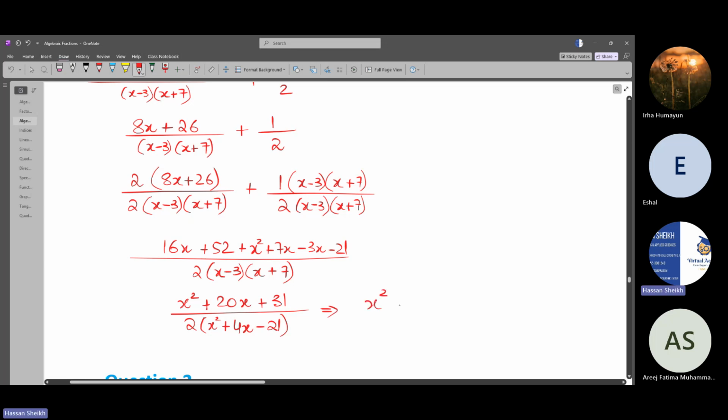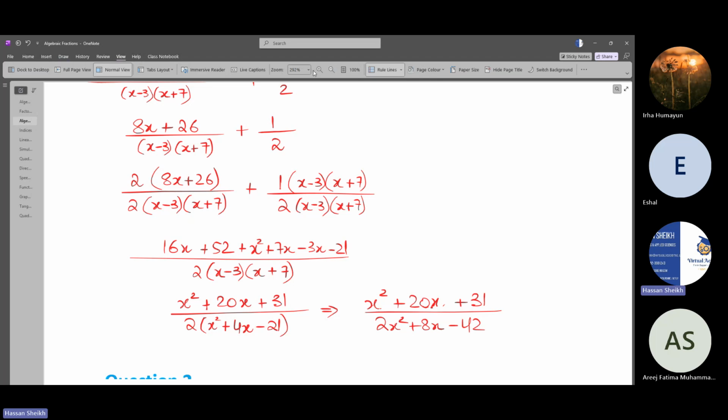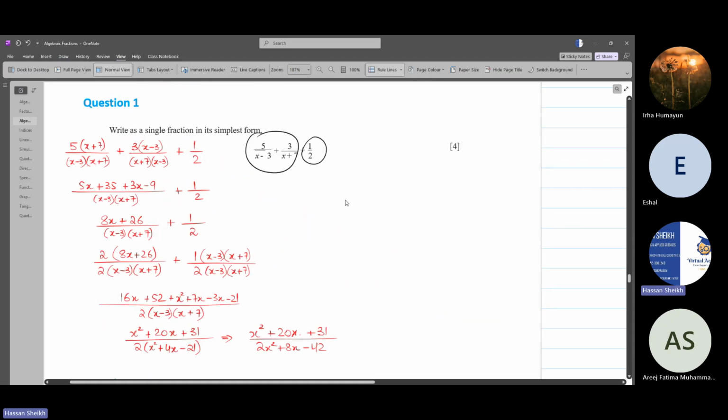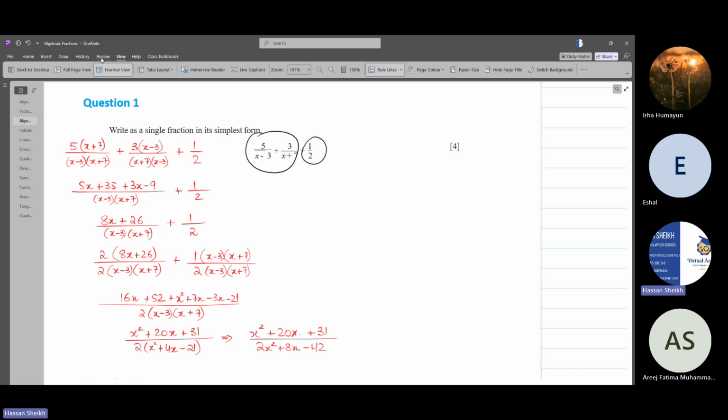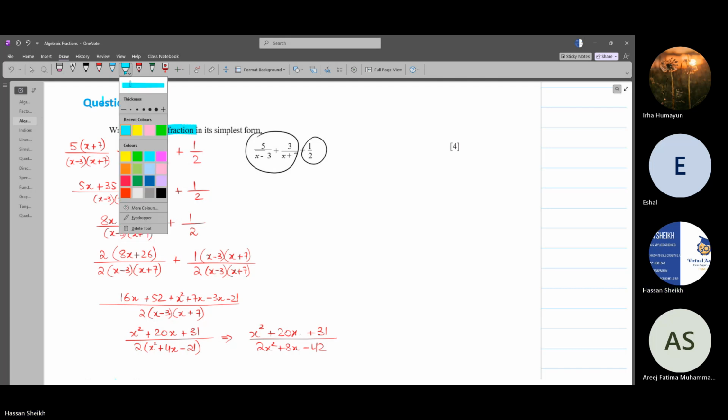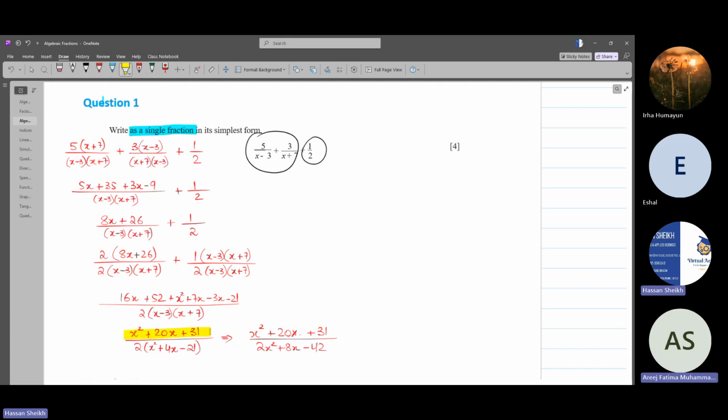So x squared plus 20x plus 31 divided by 2x squared plus 8x minus 42. And we can make the factors, then if they would cut down. No need, rather. What was the question? Simplest form, as a single fraction. Yes.